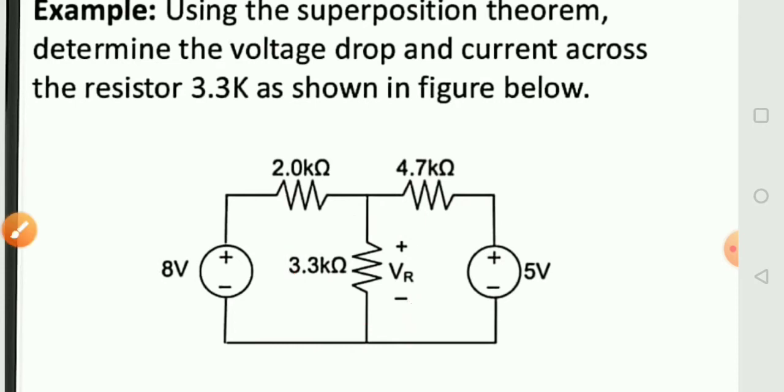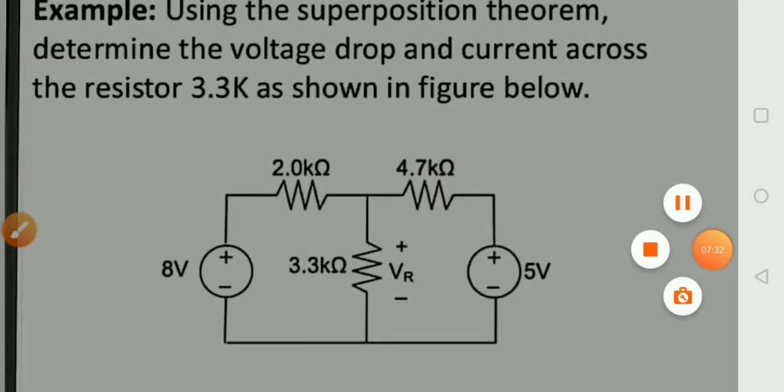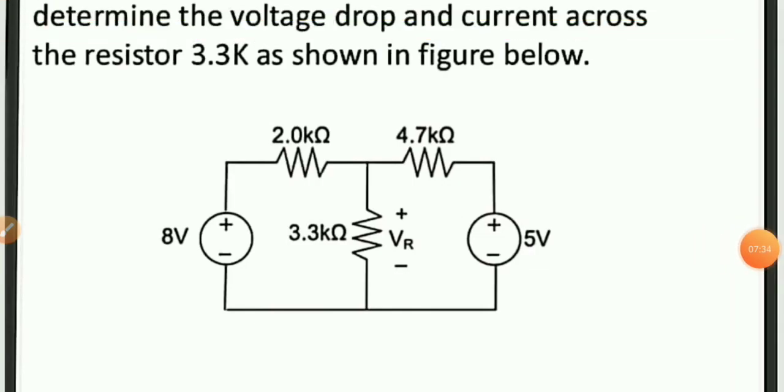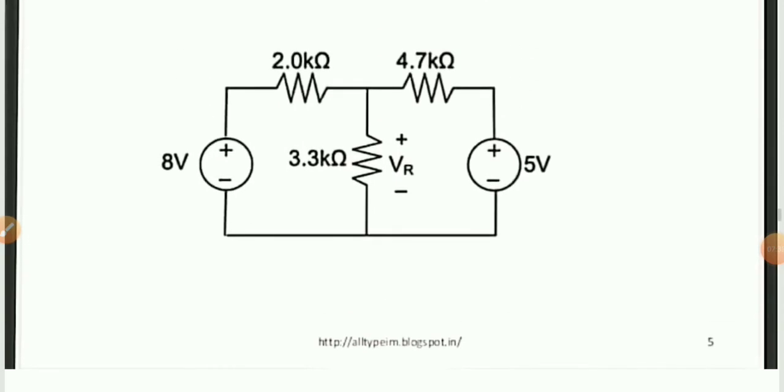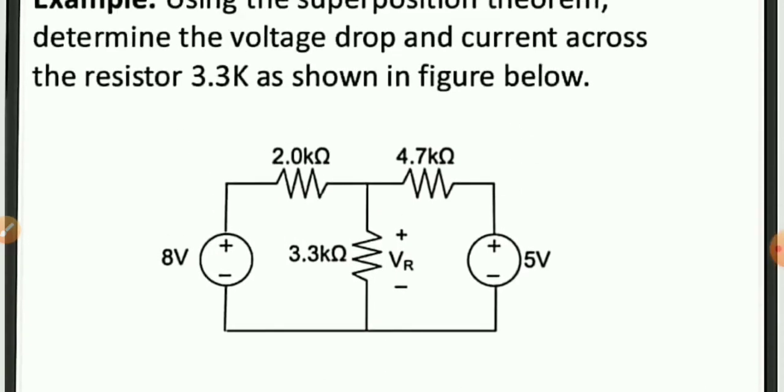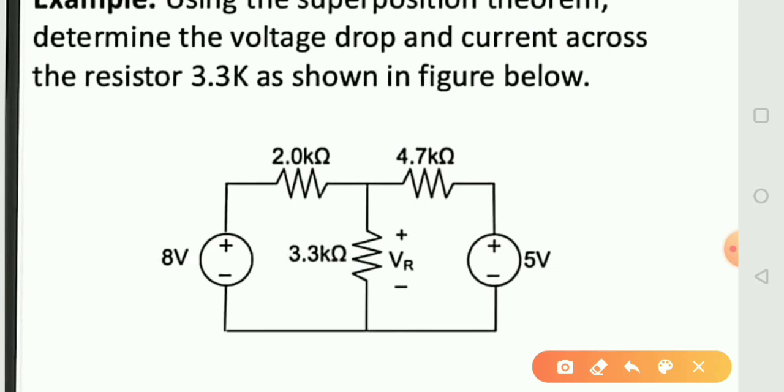So first we remove the 8 volt voltage source because at one time we consider only one voltage source. The first voltage source is 8 volt and the second is 5 volt.